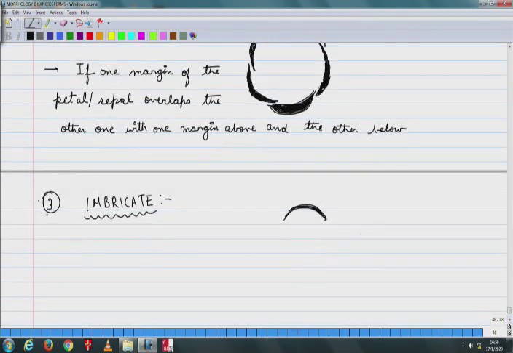Okay. Now this one is going in a clockwise pattern. This one also. Alright. Now there is this third petal which is also going in the same fashion, like this.